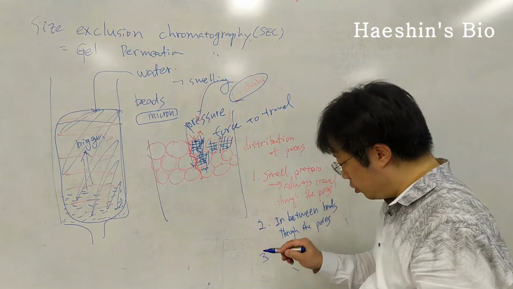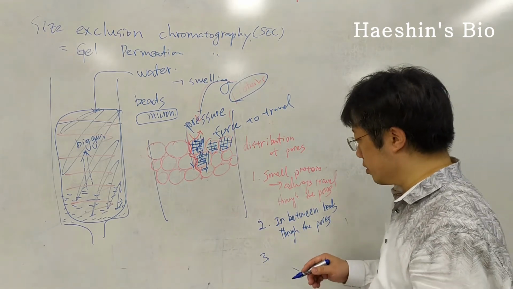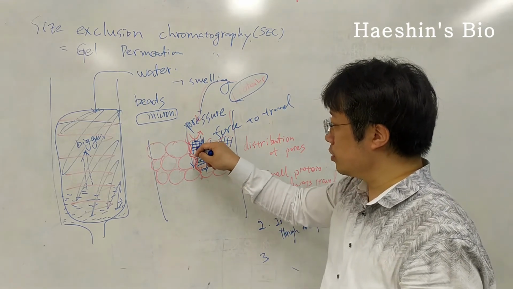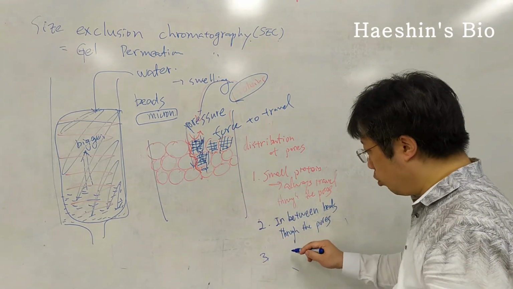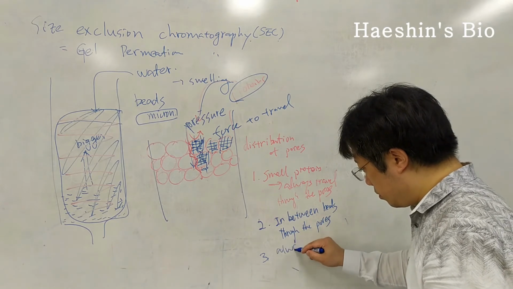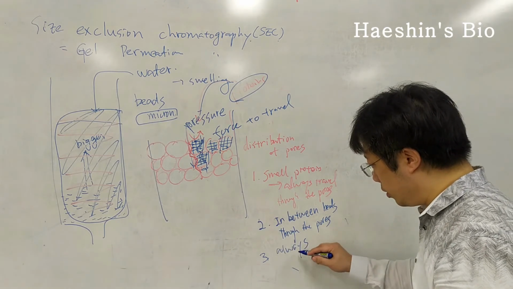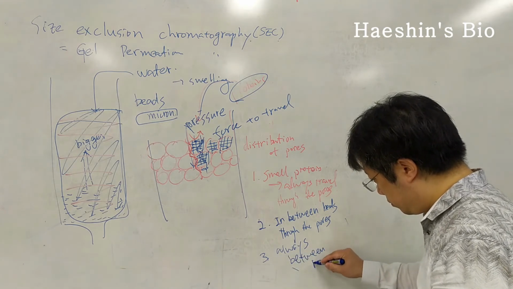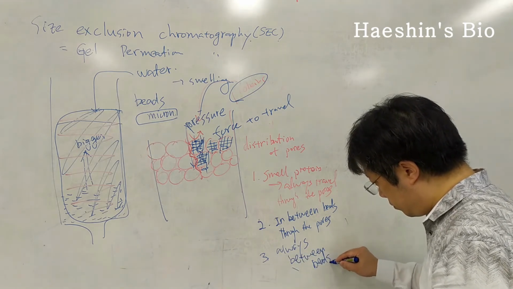But the third case is very obvious: really big proteins never ever go into the pore. So then they always travel between the beads.